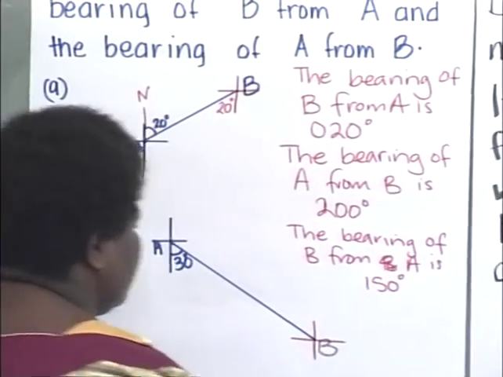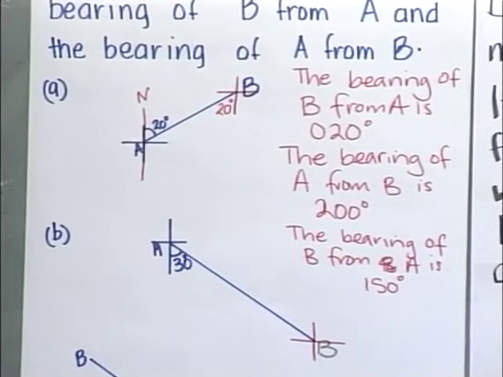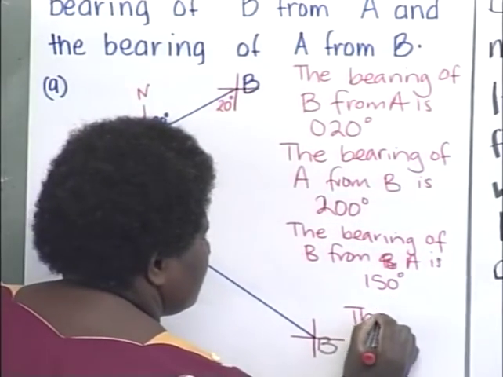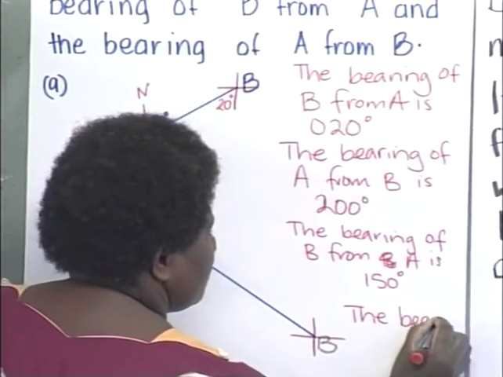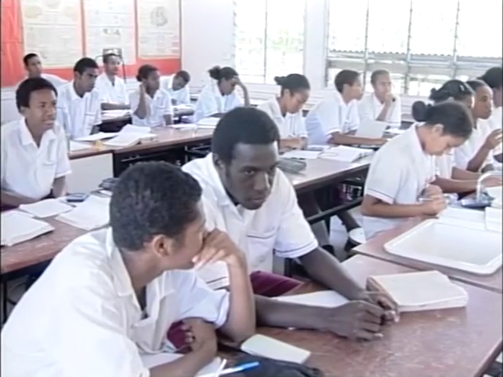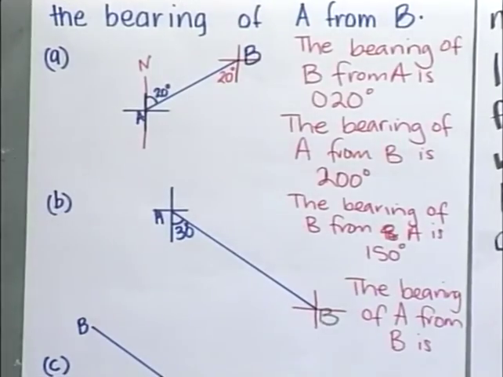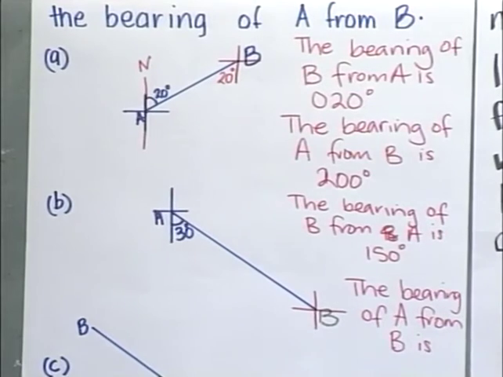Okay, next. What is the bearing of A from B? The bearing of A from B is 330 degrees.